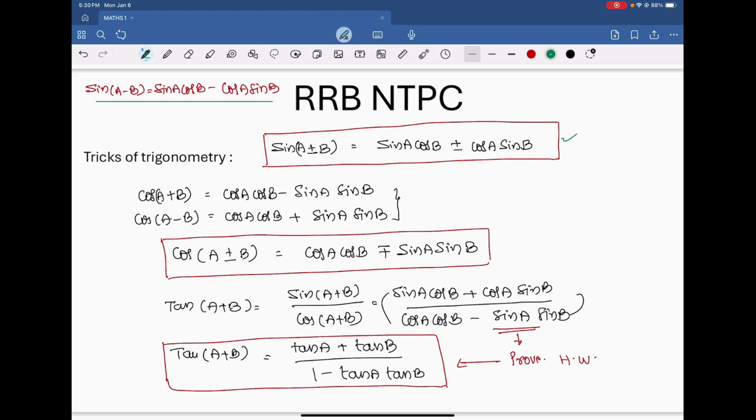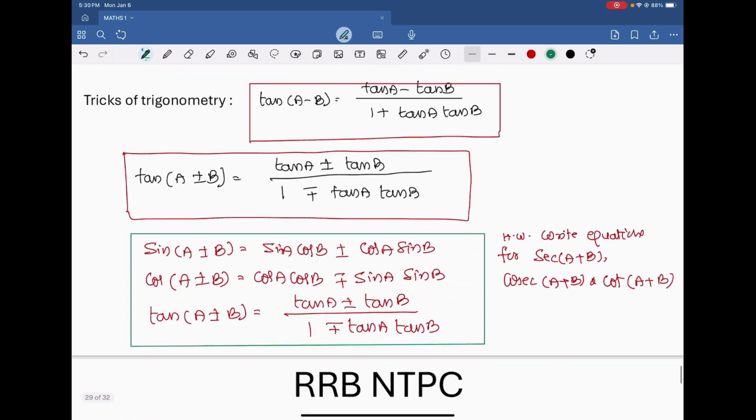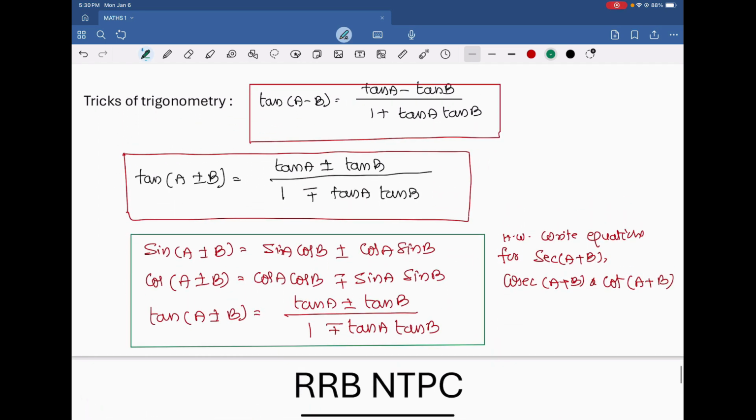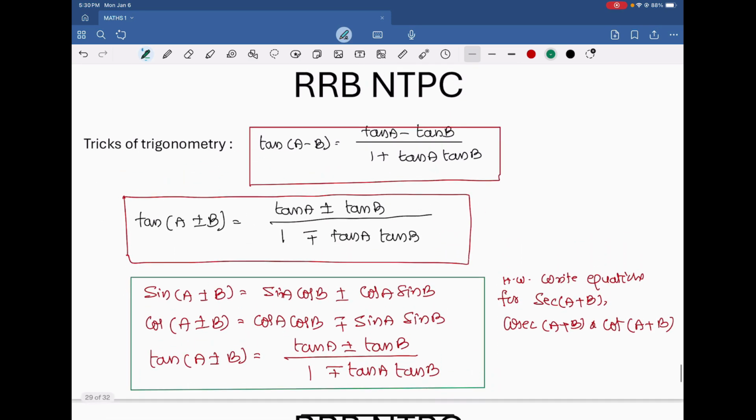And then, we'll move on to tan(A plus or minus B). That is, tan A plus or minus tan B by 1 minus or plus tan A tan B.